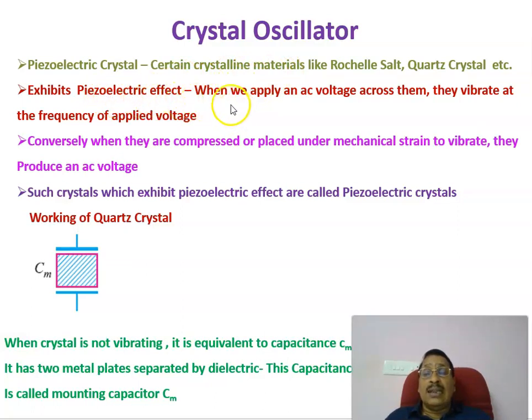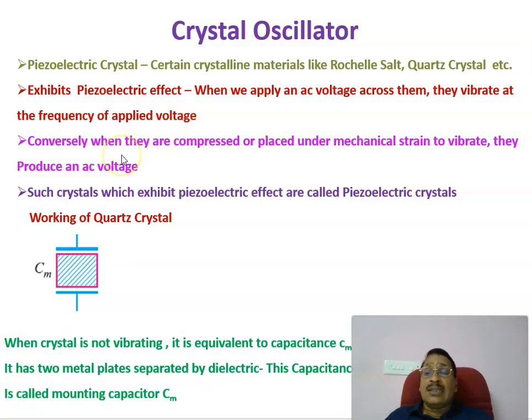The piezoelectric effect means that when we apply an AC voltage across them, they vibrate at the frequency of the applied voltage. That is, the applied AC voltage produces a mechanical movement or vibration at the frequency of the applied voltage, and that is the piezoelectric effect.